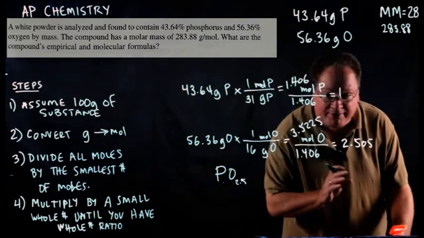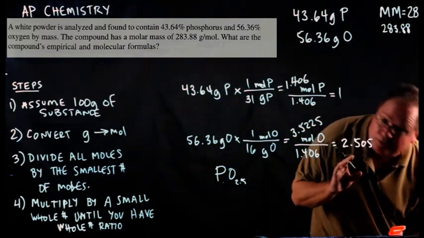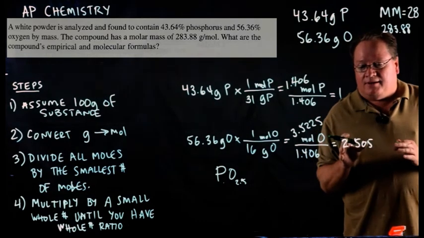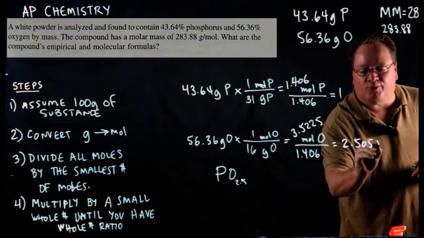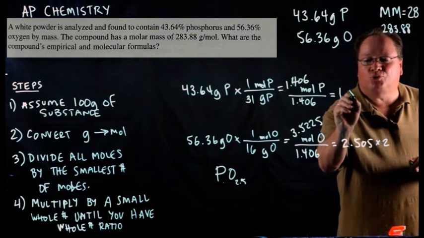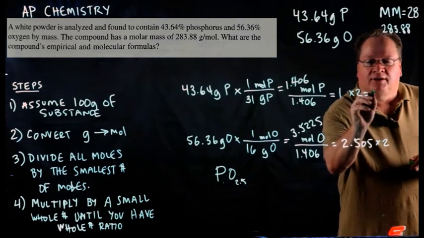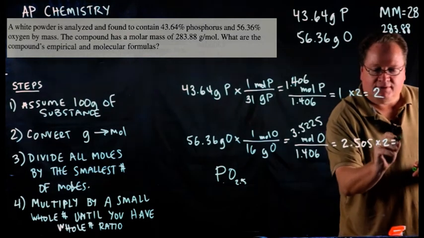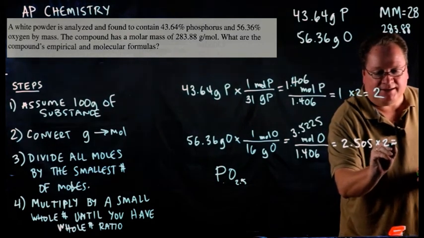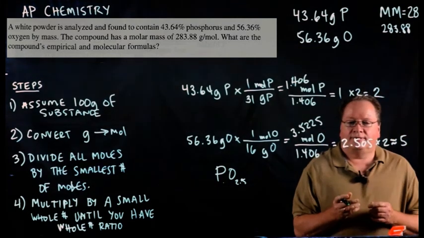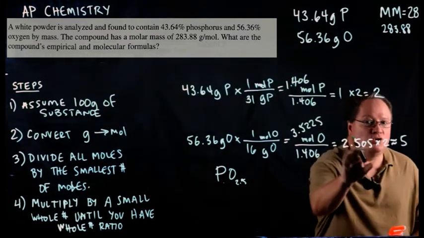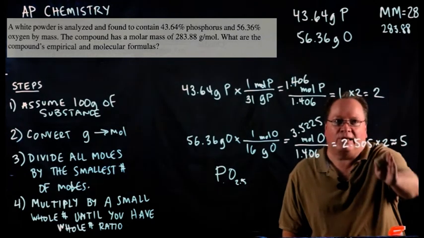Now, sometimes it's really easy to see what that number is going to be. All right, I can tell by looking at this 2.5, I know if I just multiply both of these by 2, I'll have a 2 to approximately 5 ratio. See, when I see a 2.5, I know what this multiplier is going to be.